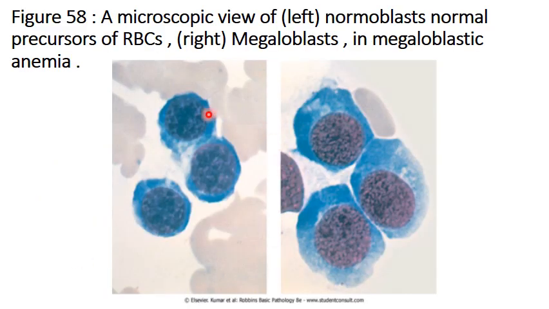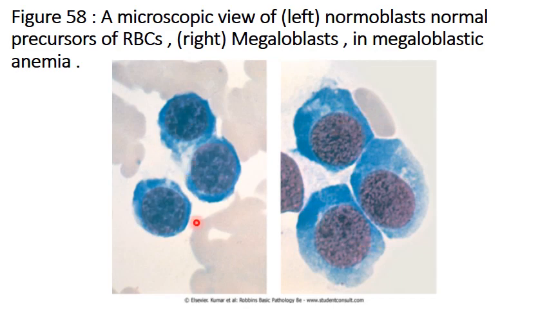This is a microscopical view. At the left is the normoblast, the normal precursor of the red blood cell, while here, what is this? There is megaloblast in megaloblastic anemia.